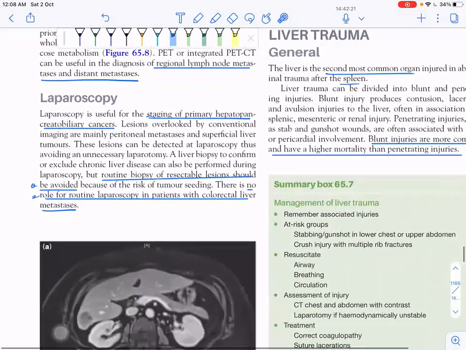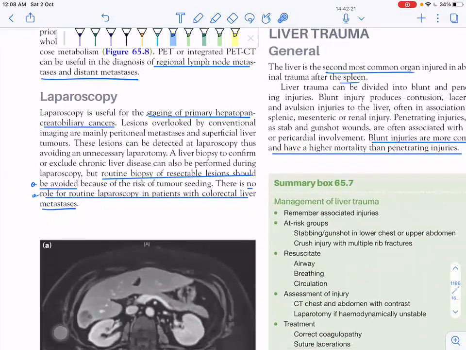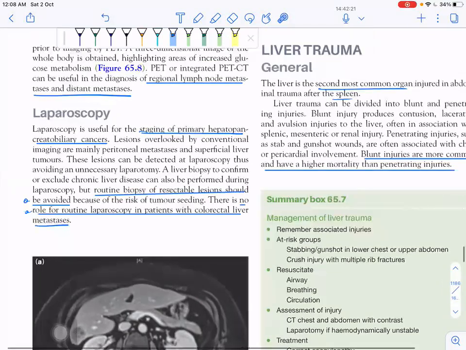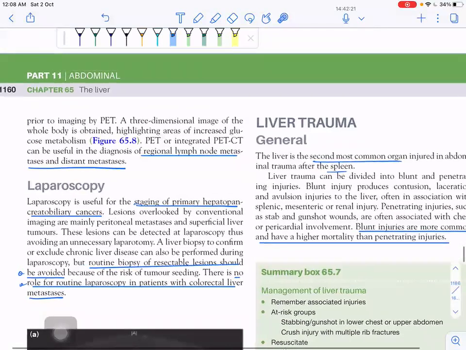Again, laparoscopy is useful for staging of primary hepatobiliary pancreatic cancer. This is mainly useful for staging. When is biopsy needed? For regional lymph nodes, the best is endoscopic ultrasound, not PET. The best is EUS only.